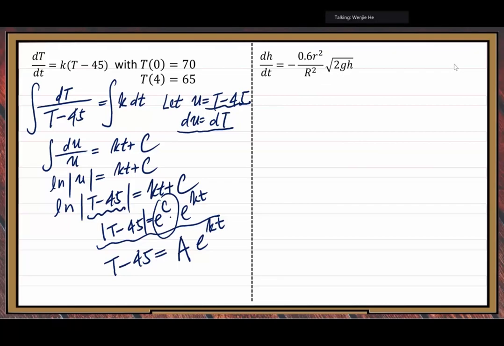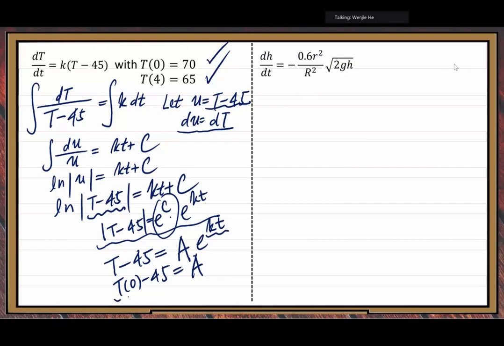Then we can plug in the two initial values to get information about little k. The first one: T of 0 minus 45 equals A times e to the k times 0. That's e to the 0, which is 1.